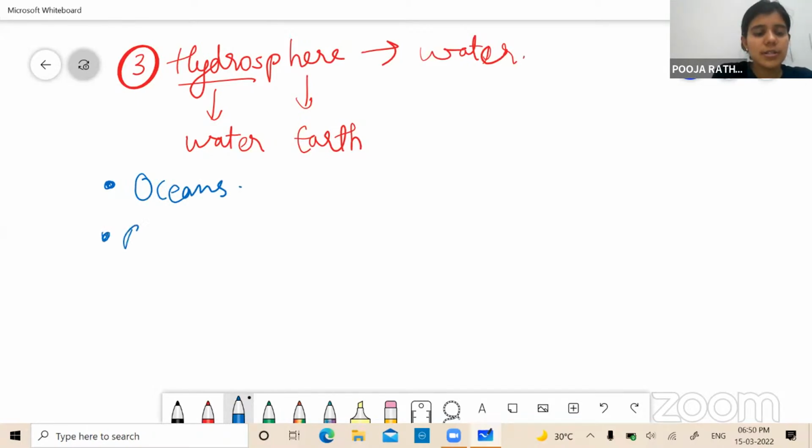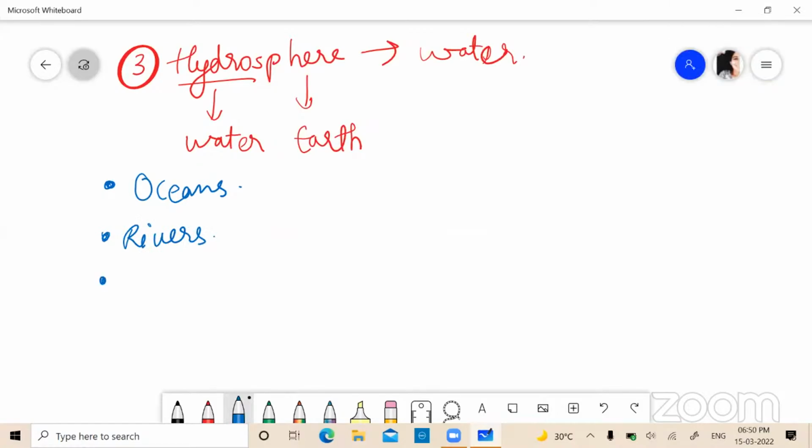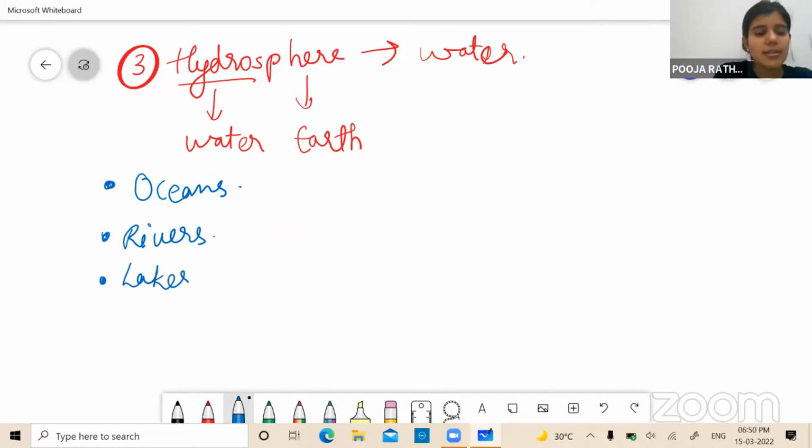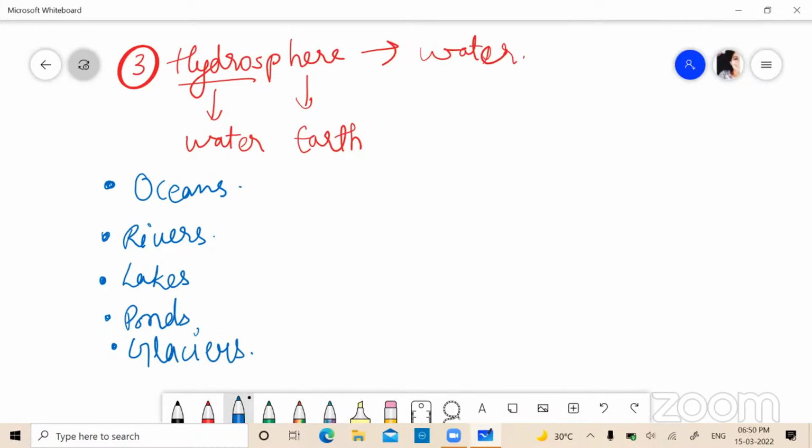Then it could be rivers, lakes, ponds, and glaciers. Glaciers are also a form of water, right? Yes, ma'am.